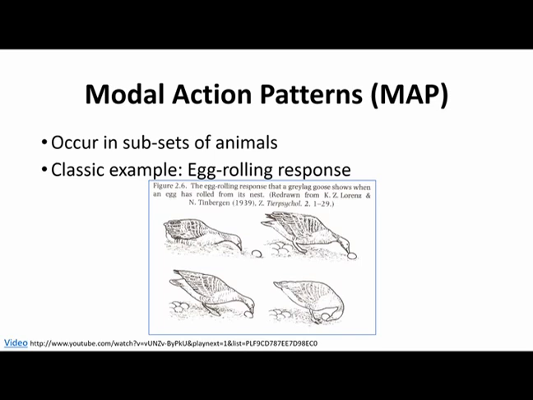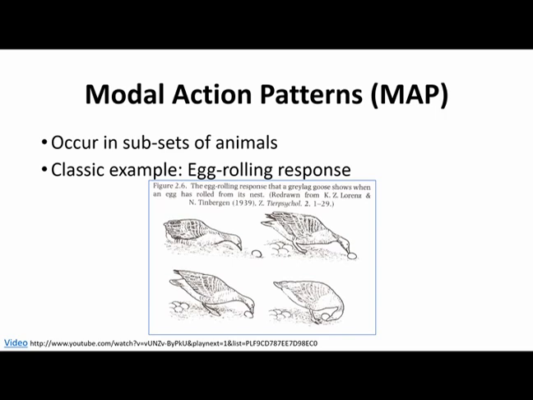If the goose sees that egg outside of the nest and starts the first step of this modal action pattern, as soon as they start extending their neck, they have committed to completing that whole series of events. So even if you reached in after this stage and took the egg away, that goose is still going to reach to the spot where the egg was, scoop their beak underneath where it had been, and roll, now nothing, back towards the nest.